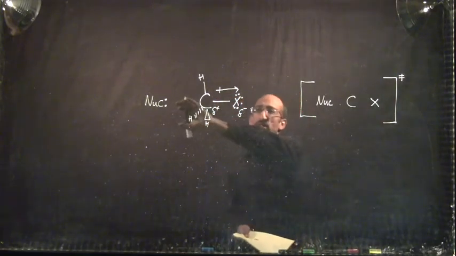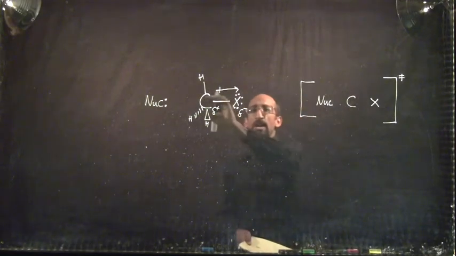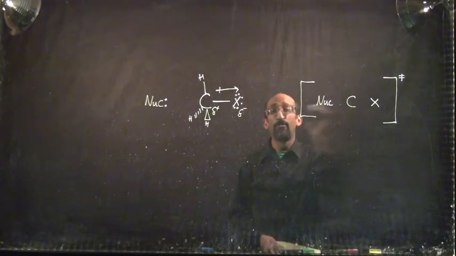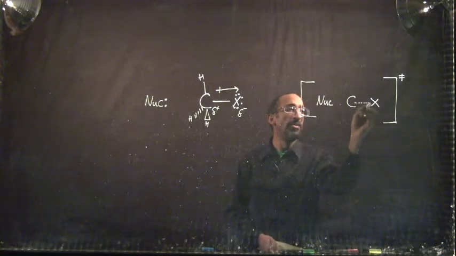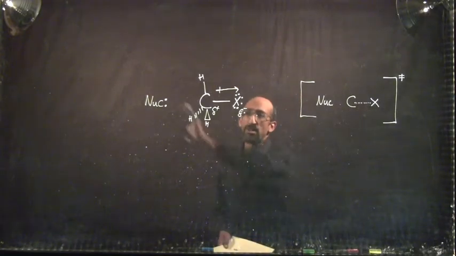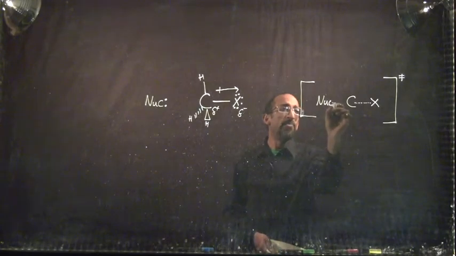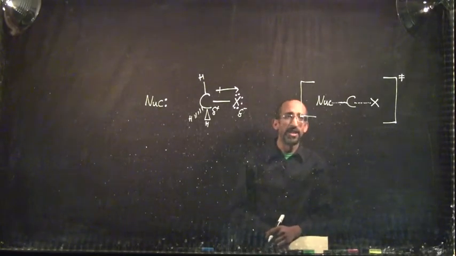As the nucleophile begins to approach, the bond between the carbon and the halogen begins to weaken, and it goes from a covalent bond to a partial covalent bond. Similarly, as the nucleophile approaches, we now begin to form a bond between the nucleophile and the electrophilic carbon.